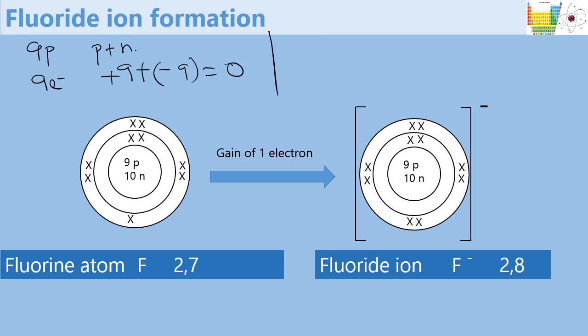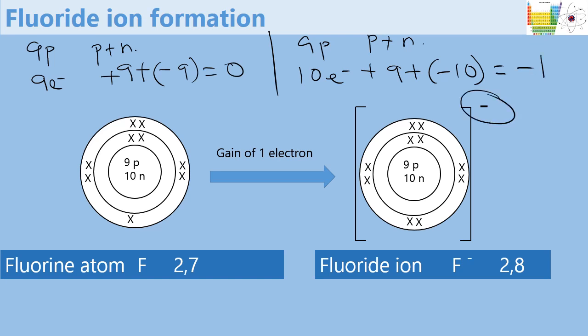However, for the fluoride ion, it has 9 protons and 10 electrons. The overall charge is positive 9 plus negative 10, which gives us negative 1. And that is why our charge is negative.